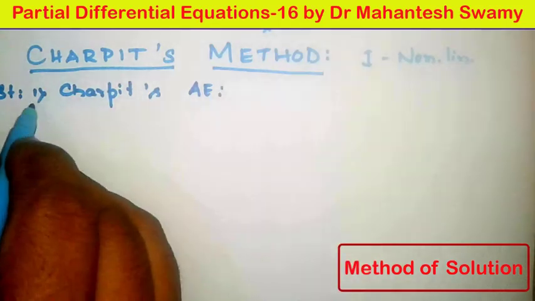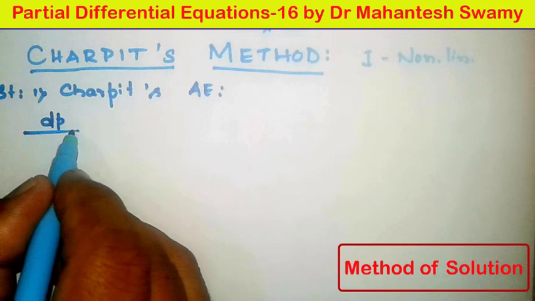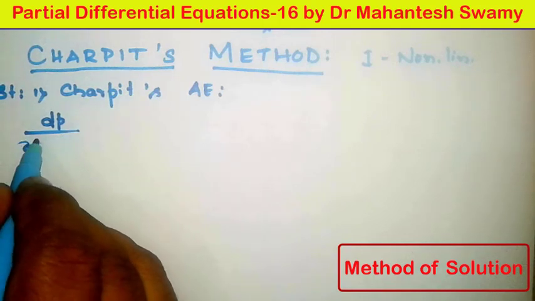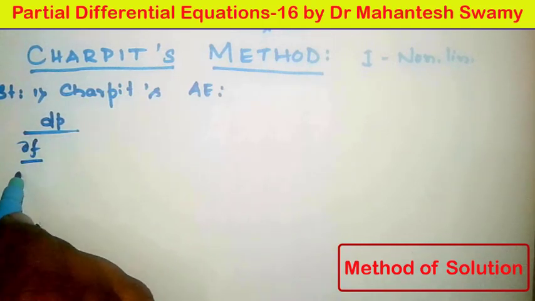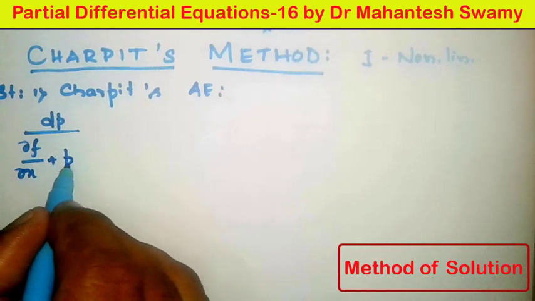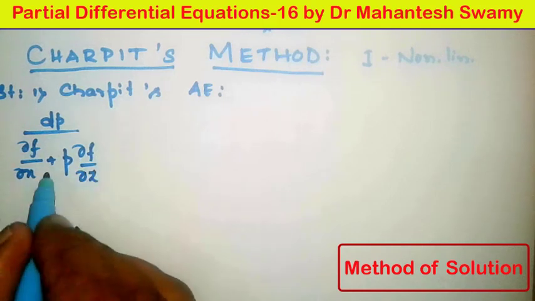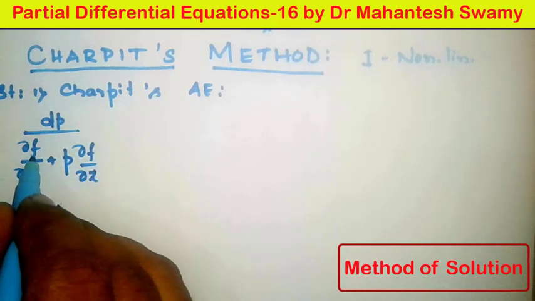So Charpit's auxiliary equations are dp by ∂f/∂x plus p into ∂f/∂z. I should tell you what is f here.